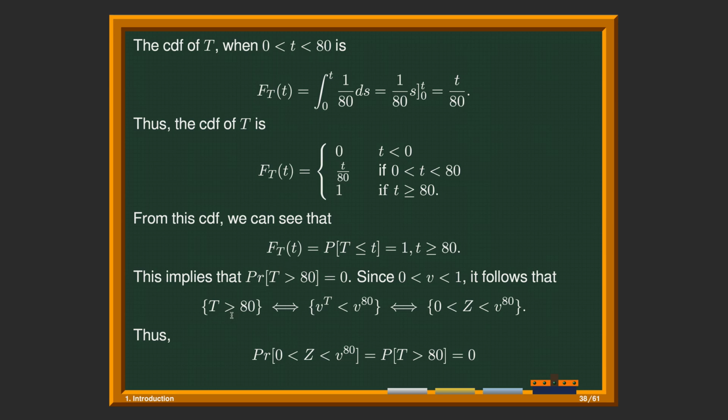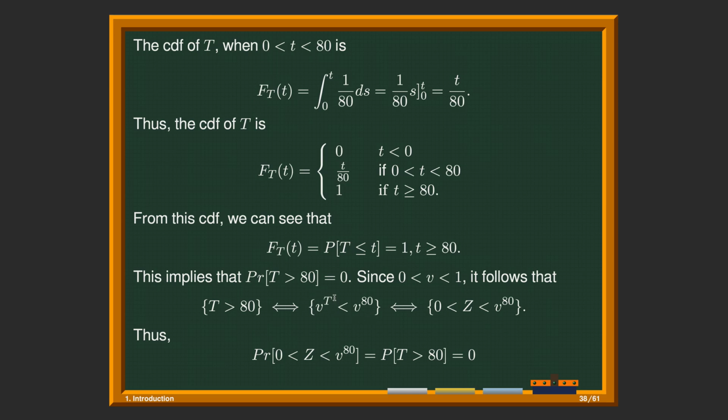The event that t is greater than or equal to 80 would be equivalent to this: V to the t is less than or equal to V to the 80. Again, we take note that we need to change the inequality symbol because we're dealing with an exponential function that is decreasing, the base being V, and V is between 0 and 1.